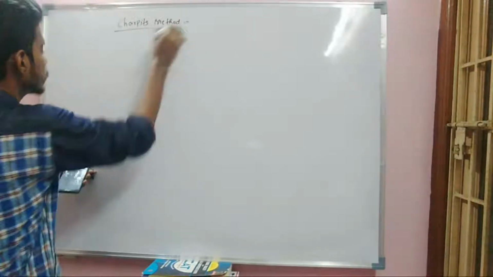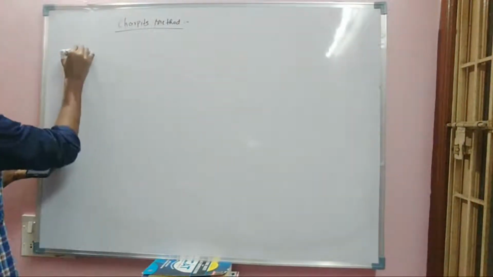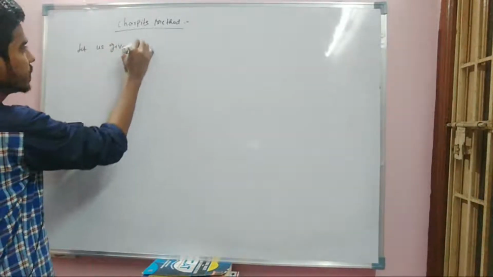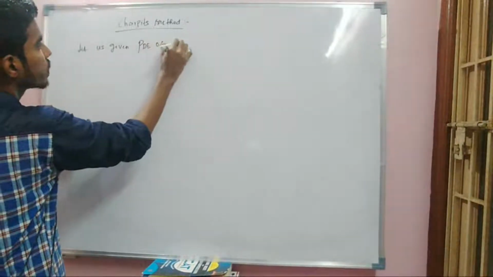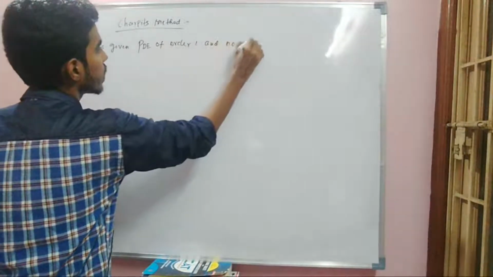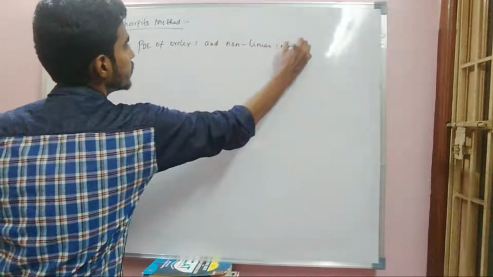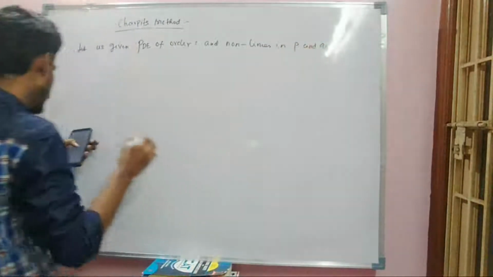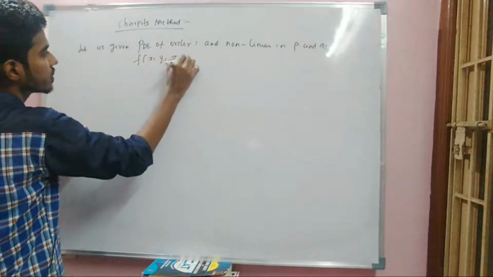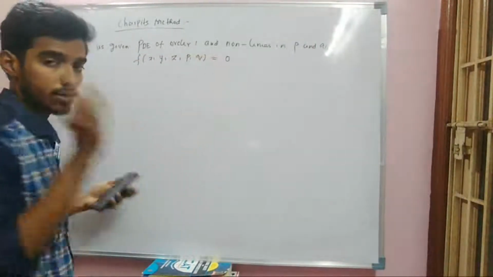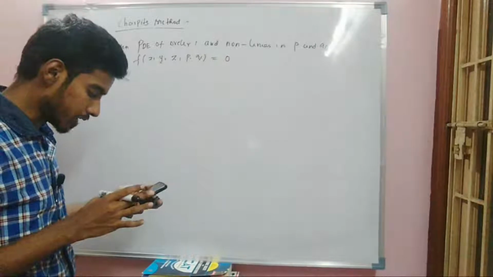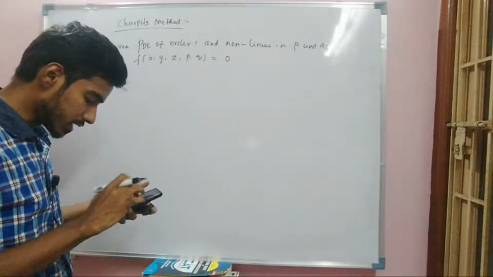Let us be given a PDE of order 1 and non-linear in P and Q. It's very important, non-linear in P and Q. That is, f of x, y, z, p, q is equal to 0. Here z is a function of x and y, p is dou z by dou x, q is dou z by dou y. So we have to find the auxiliary equation.